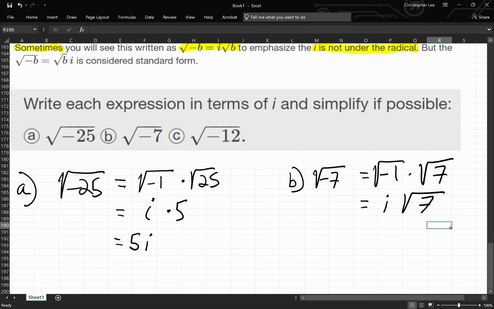And then we have C. Now, C is a little different. Watch what happens to C. This is the square root of negative 12, right? This is going to break down to be the square root of negative 4 times the square root of 3.